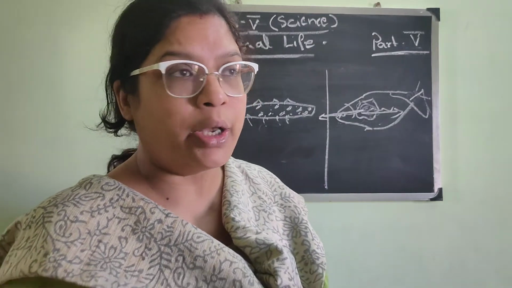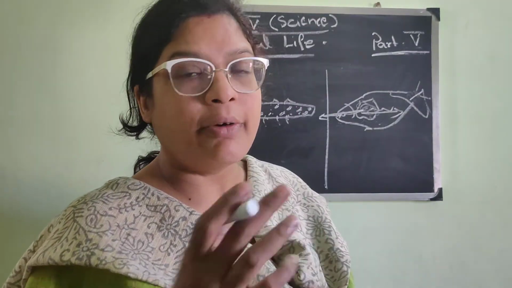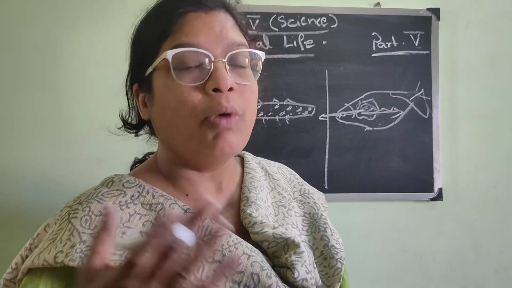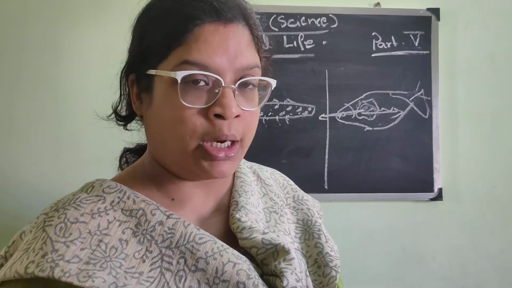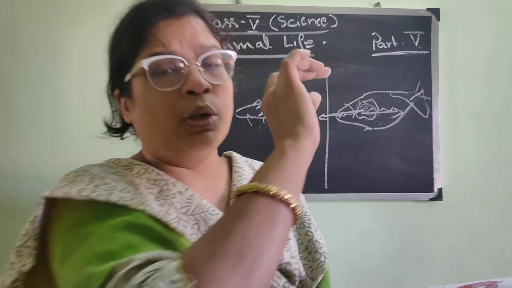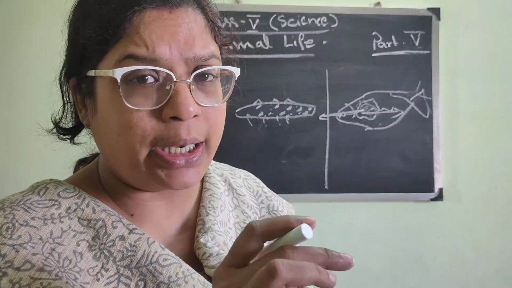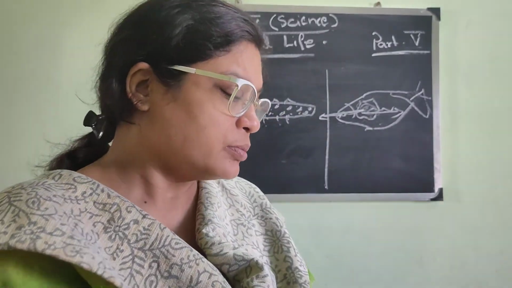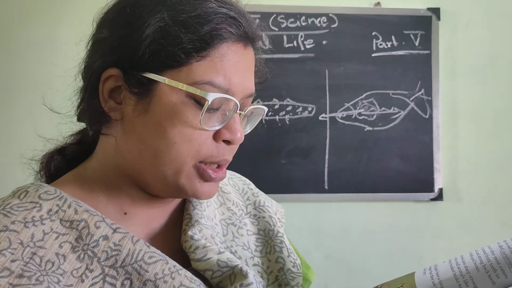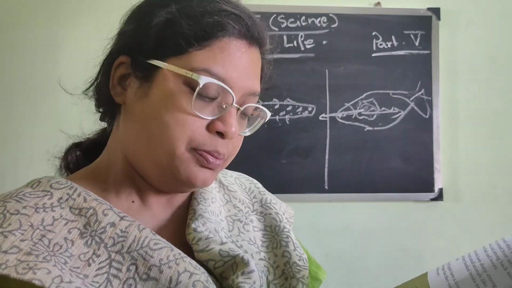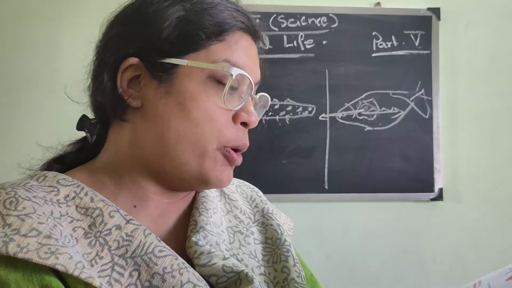So you can do what? You can make a chart like this on rough paper or chart paper. Take 1/4 of a chart paper and write what the breathing parts of different animals are. Human beings, frogs and other reptiles, birds breathe in and out with the help of lungs.